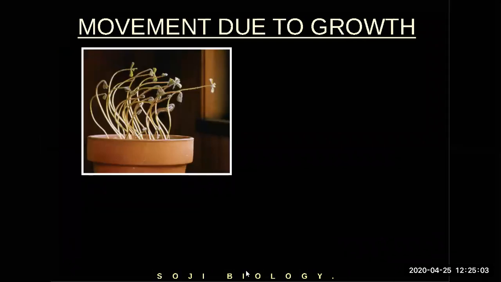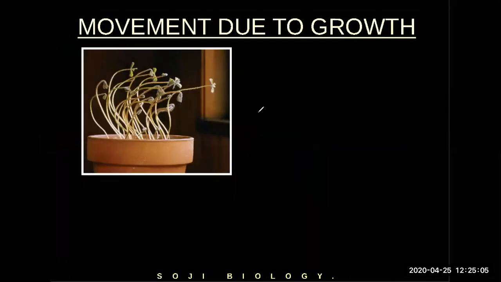Okay, that's another example of movement due to growth, right? If you look at any plant, let's say this is a plant, and in this plant every plant you find two parts.